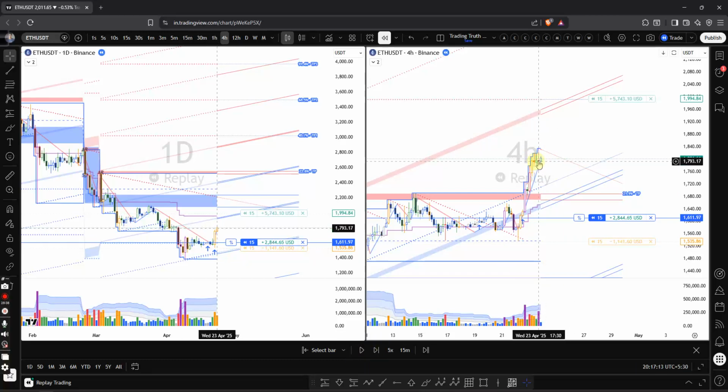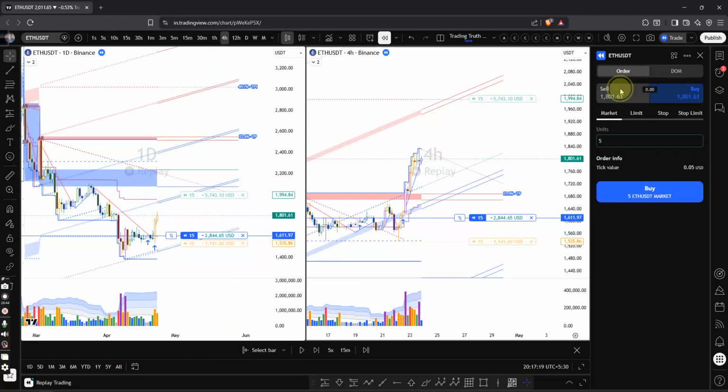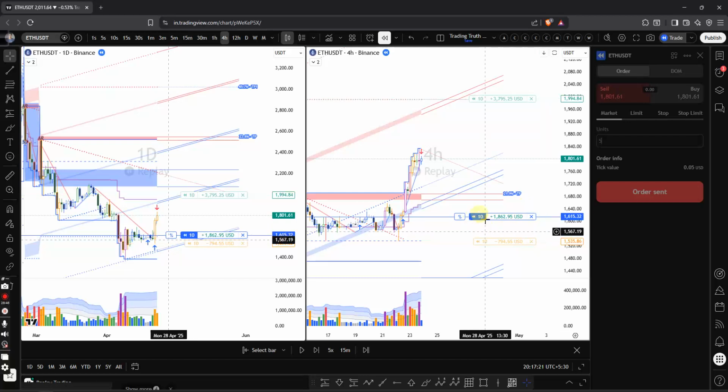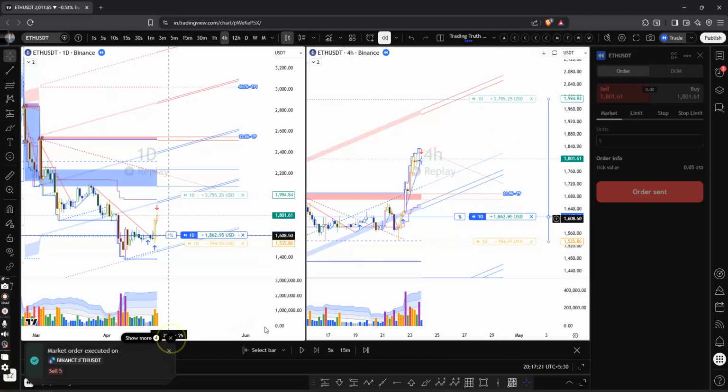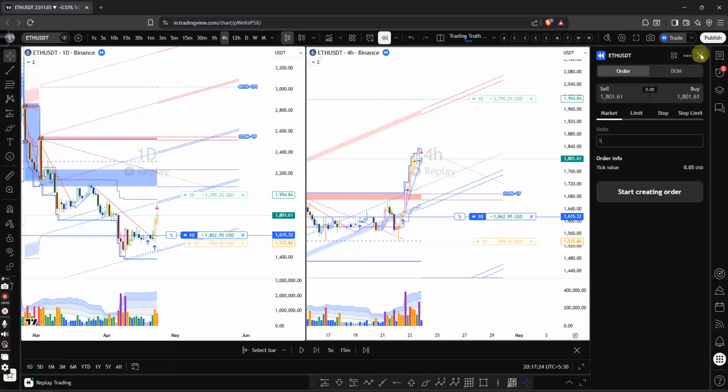I'll take half of, I mean, like 5 Ethereum I'll sell there. Okay, take some profit. Now it's 10 now, right? On the pullback, I'll add it again, okay?